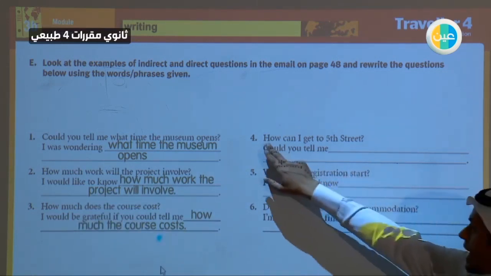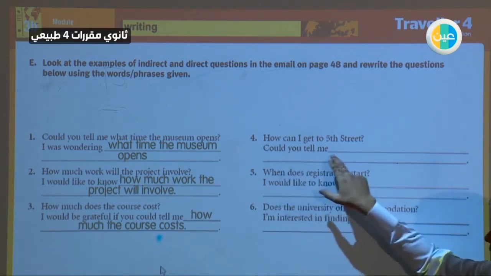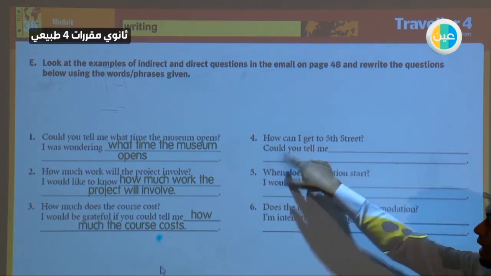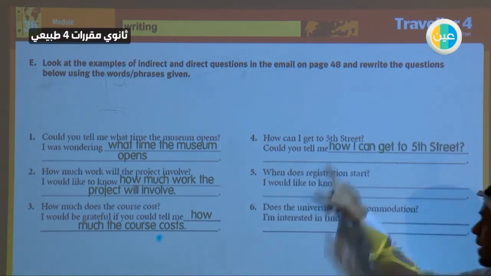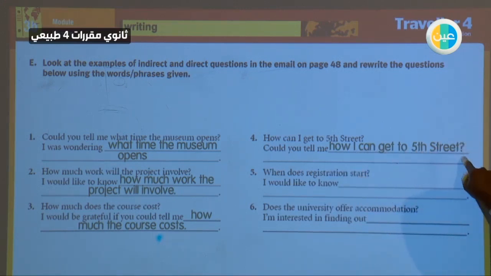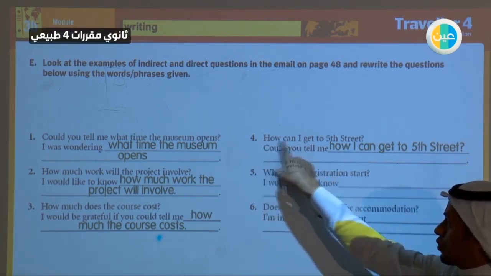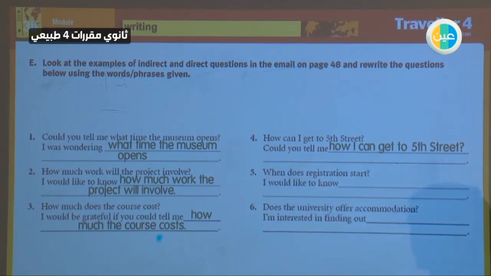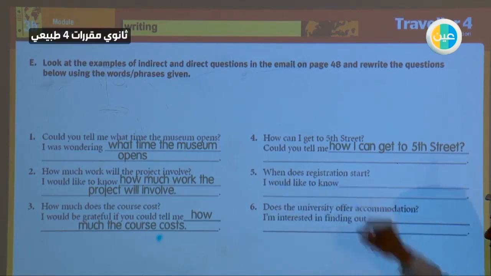4, how can I get to 5th Street? I want to go to 5th Street, but how? Could you tell me how I can get to 5th Street? Here we included a question mark because it started with could you tell me, which is a part of this. 5, when does registration start?